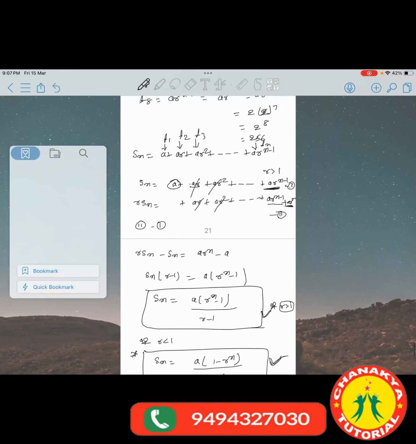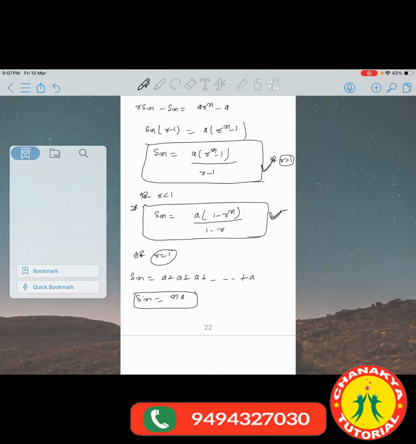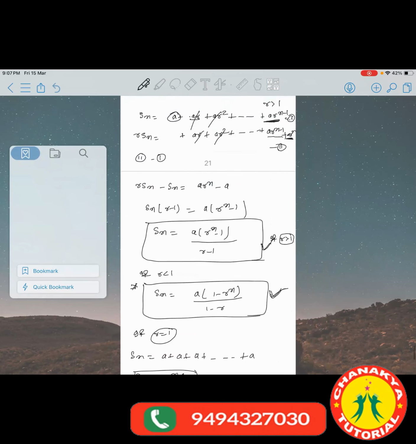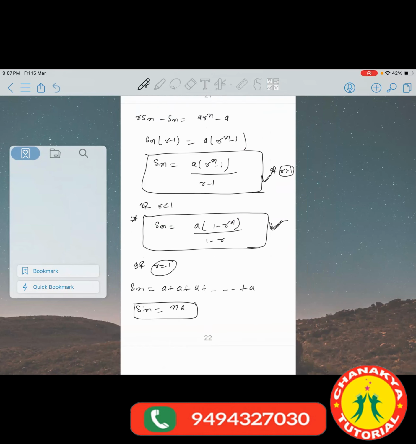Clear? Everything is clear? Any doubt? No, sir. You need to remember one formula only: a times r power n minus 1 upon r minus 1.